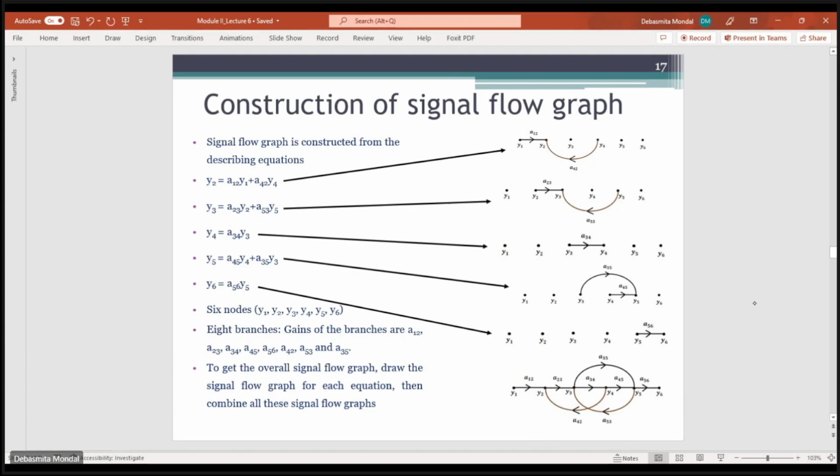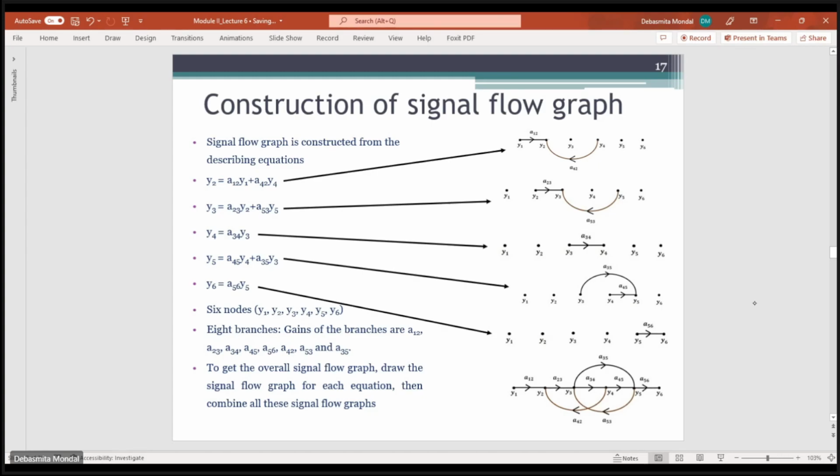So there will be one branch connecting y1 and y2, and another branch connecting y4 and y2. The gain of the branch between y1 and y2 is a12, and between y4 and y2 is a42. This is the signal flow graph for the first equation.